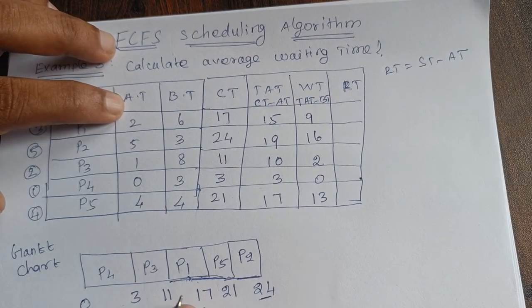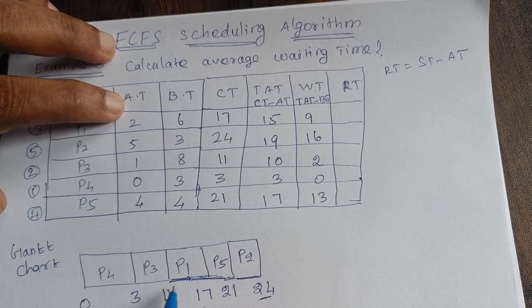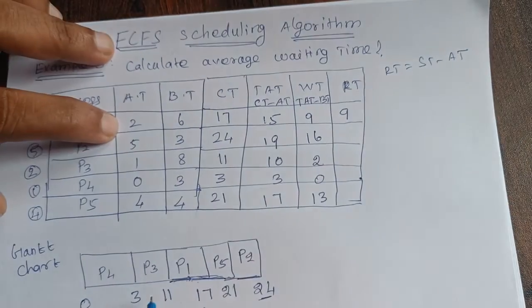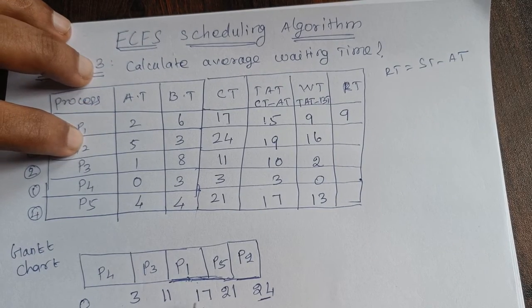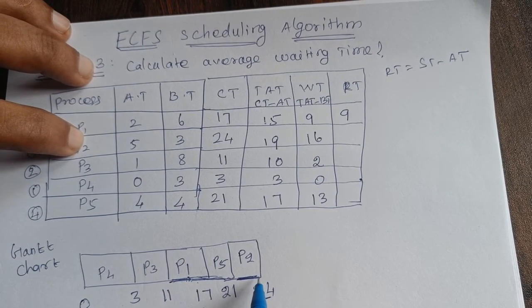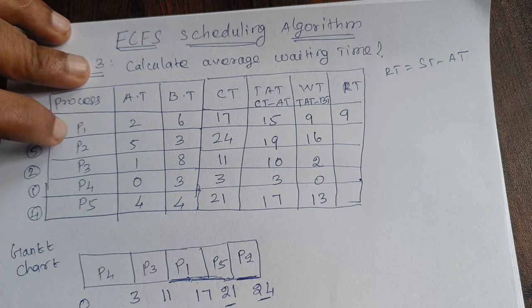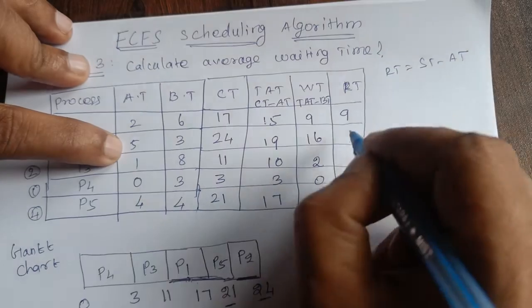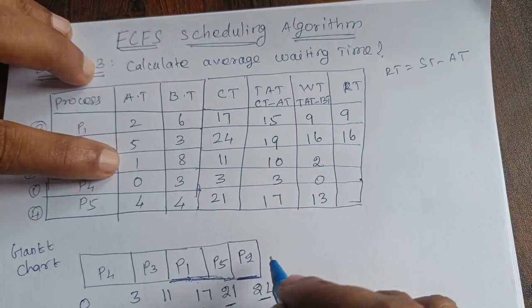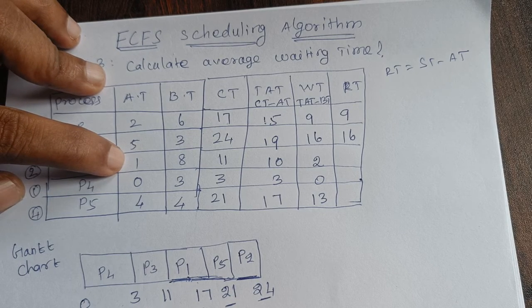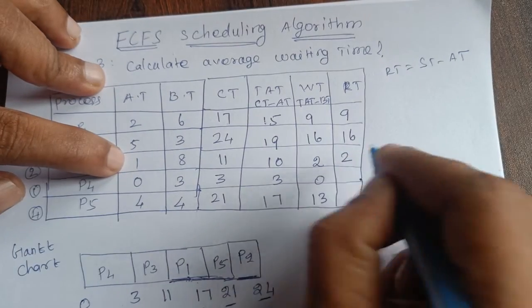For P1, the start time from the Gantt chart is 11, so 11 minus 2 is 9. For P2, the start time is 21, so 21 minus 5 is 16. For P3, the start time is 3, so 3 minus 1 is 2.